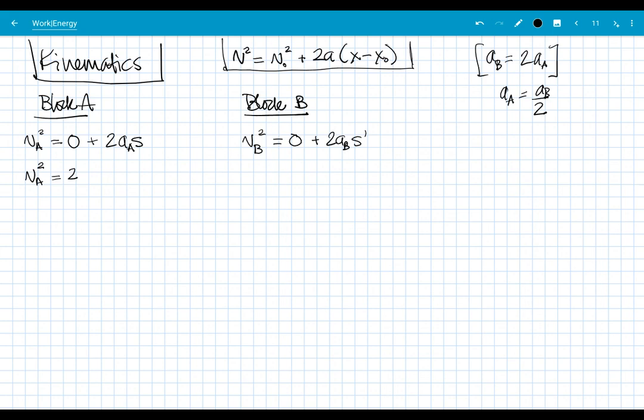So VA squared equals 2 times a_B over 2 times S. This gives me VA squared equals a_B times S.